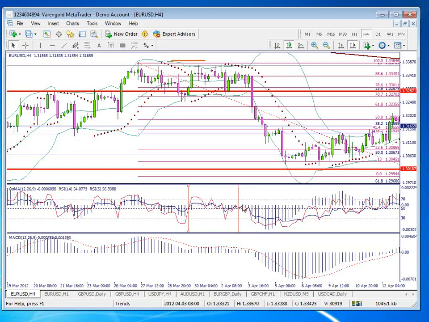To be more sure of this signal, we have the signal on 4 hour and we will go to 1 hour to have more accuracy for the signal.